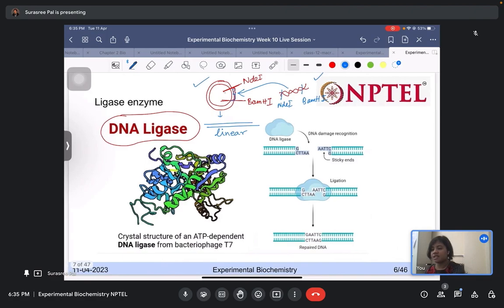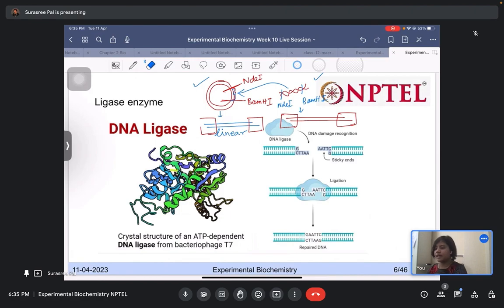And what is the benefit of that? This particular DNA molecule will also be linear, and it will produce the same kind of sticky ends on the two sides of the linear DNA molecule. Now, these sticky ends can be joined together by this particular enzyme, DNA ligase.